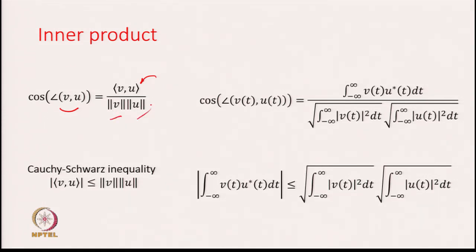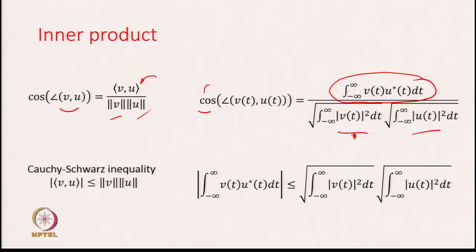In the case of signals, the picture remains exactly the same. The cosine of the angle between two signals is given by the inner product of the two signals divided by the lengths of the signals. Remember, this is the length of the signal because it is the square root of the energy of the signal.